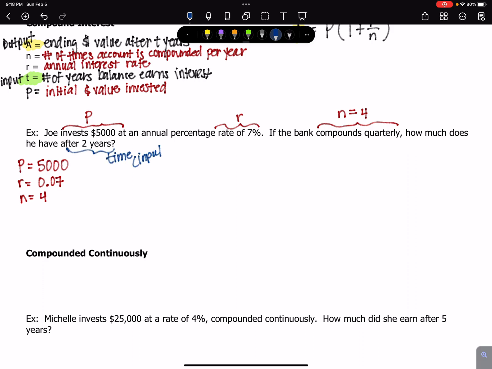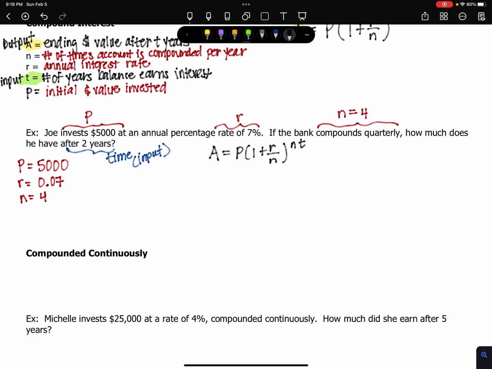Before I put that value in, I'm going to actually create the function. If you write this function down a few times, you'll have it memorized. This is a formula that you're going to need to have memorized.